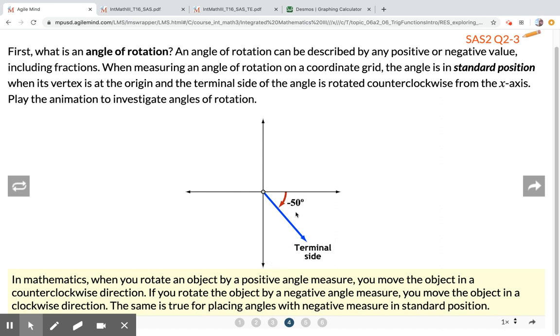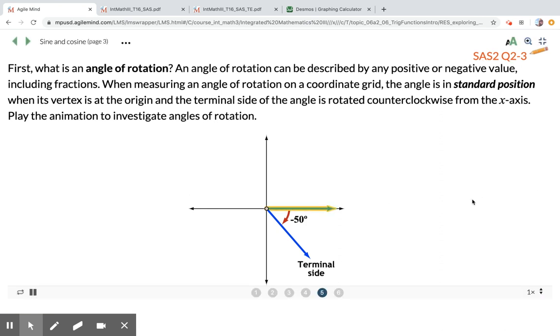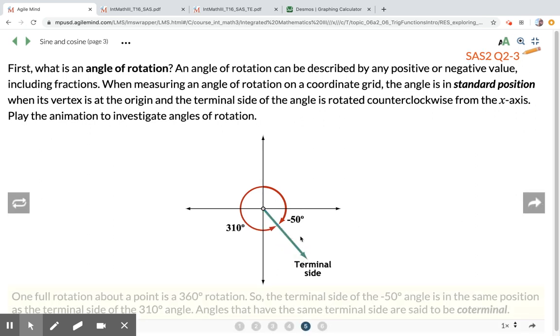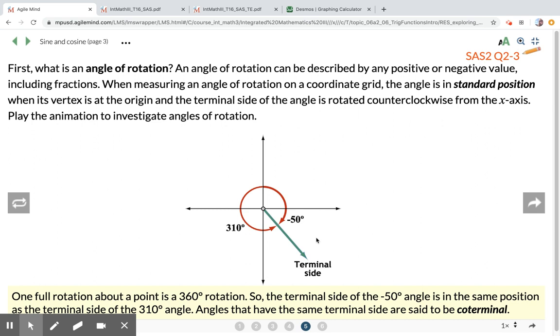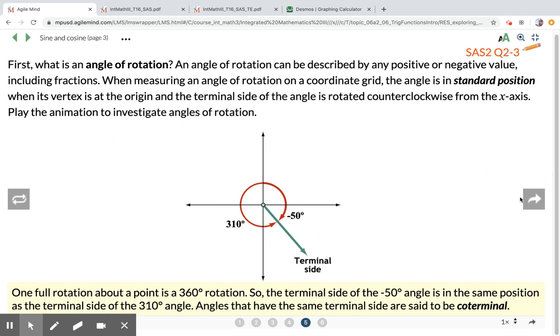But here's what's interesting, take a look. This is going to help you out with question number 2. So here's my negative 50 degree angle of rotation, but I'm going to bring back my positive 310 degree angle of rotation. Guys, I ended up in the same spot, the exact same spot.